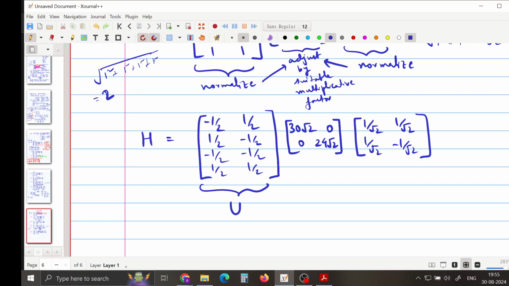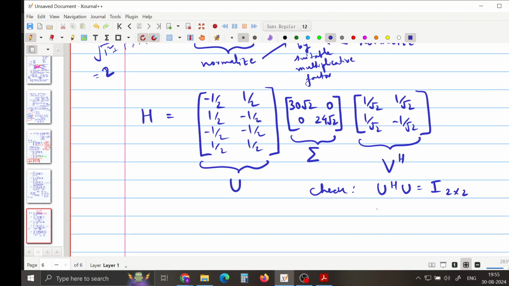So this can be taken as my U matrix. This is my sigma matrix, which is in the decreasing order and non-negative, and this is my V Hermitian, and you can check that all my conditions are being satisfied, right?